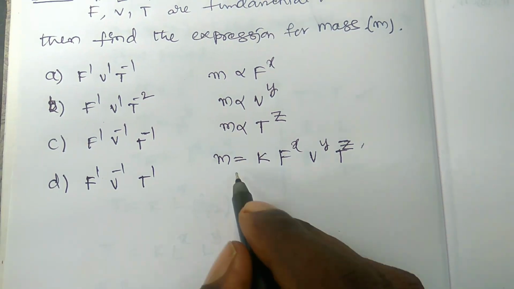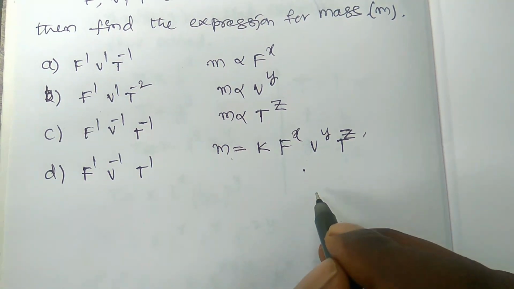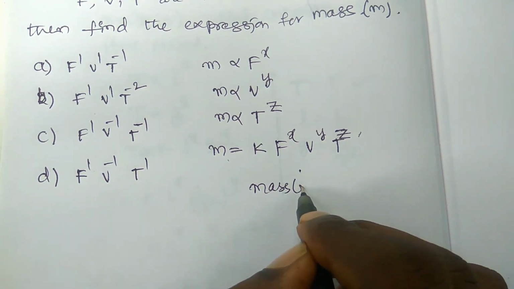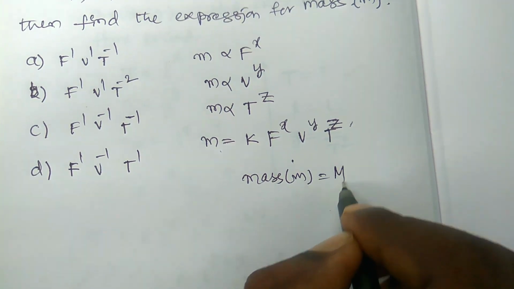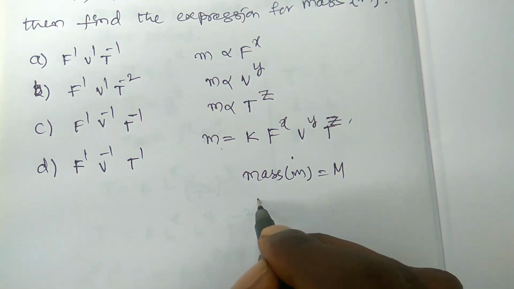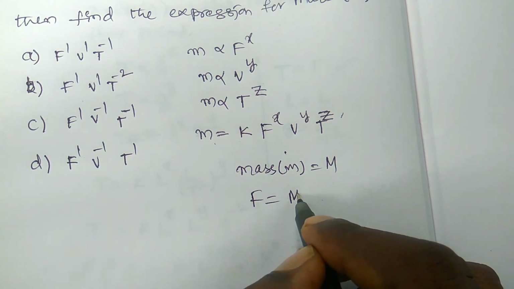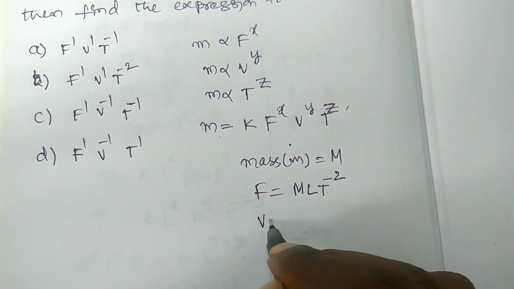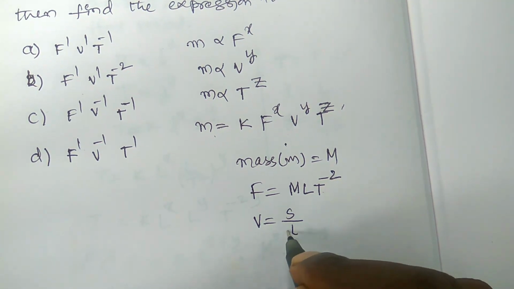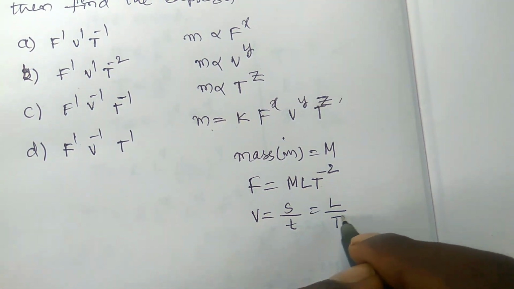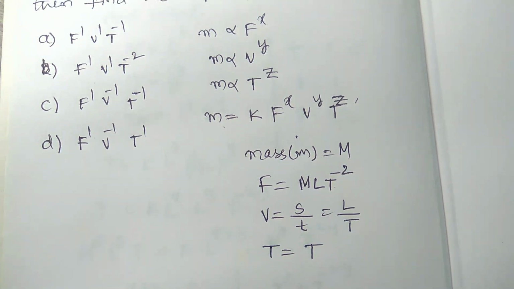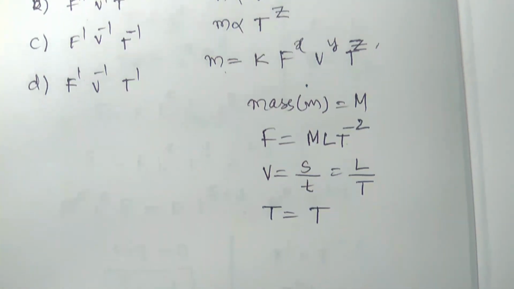The dimension formulas are, first, mass m is equal to m. Force F is equal to m L t minus 2. Velocity v is equal to displacement by time, which is L by t, and time t is equal to t. So let us substitute all those.